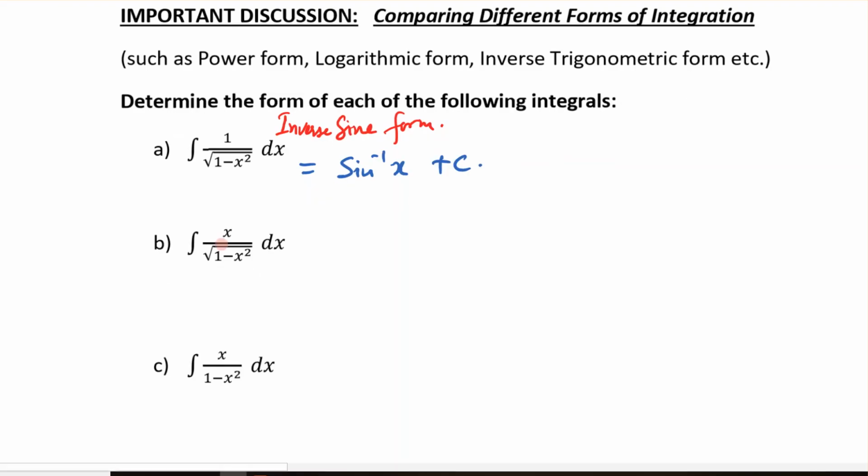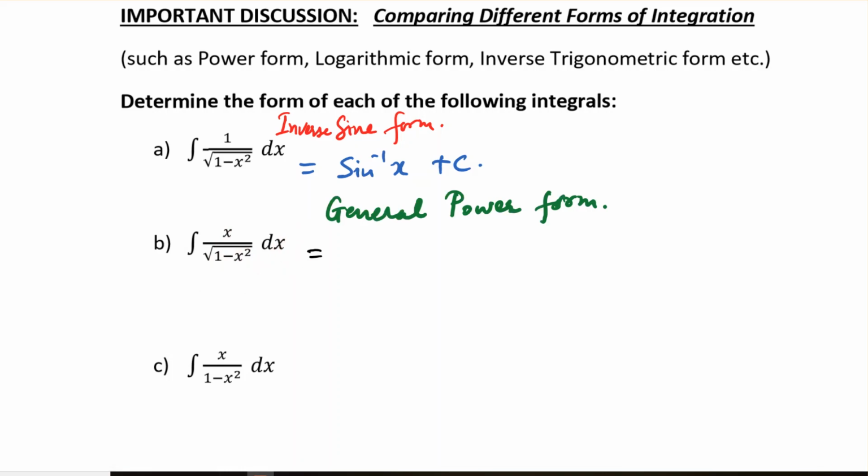In the next one, we have the same thing in the denominator, but we have a factor x in the numerator. So this is not an inverse sine form. In this case, we can see that we have a function in the denominator and the power of the function is -half overall, and we can make the differential of the function as well. So this is a general power form.